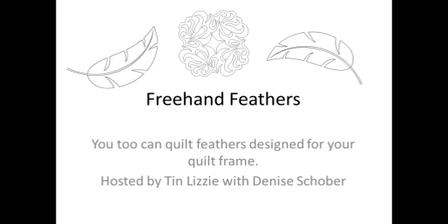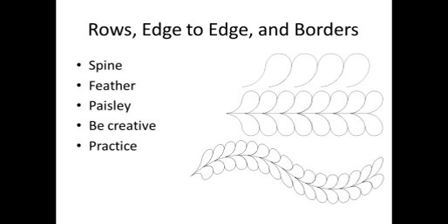So a couple things we're going to talk about is how you could have the opportunity to make feathers, or make better feathers if you're not making them at all. There's going to be a lot that we're going to go over in the next hour. So you can have feathers that are rows, edges, edge to edge, borders, border to borders.